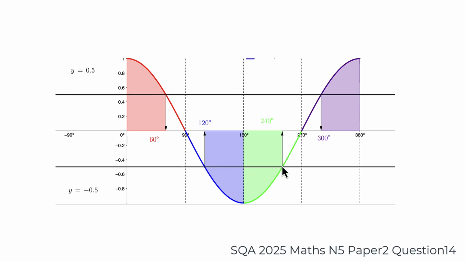And how do we get them? Well, if we know the first quadrant angle is 60, to get the second quadrant angle, we take 180 and subtract 60, and we get a value of 120. For the third quadrant, we take the 180 and add the first quadrant value of 60 degrees to it to get 240.